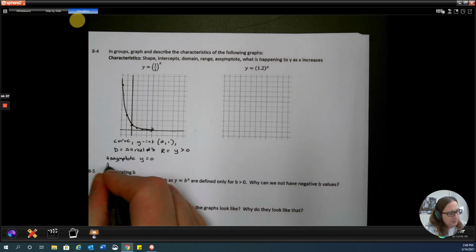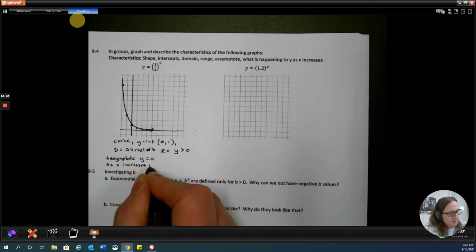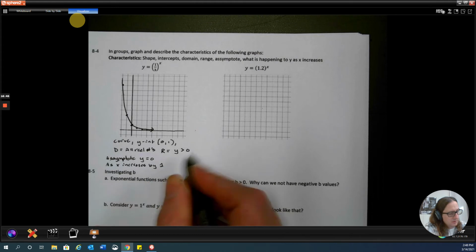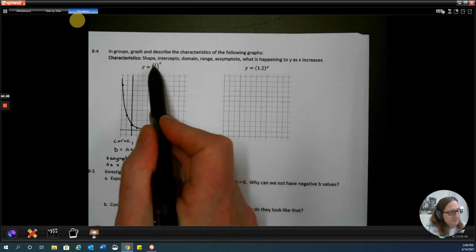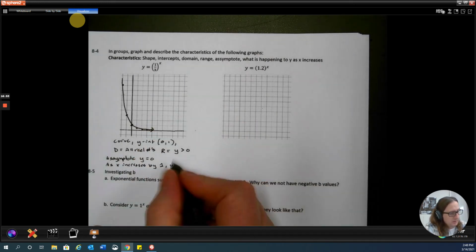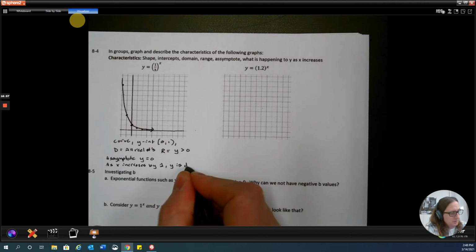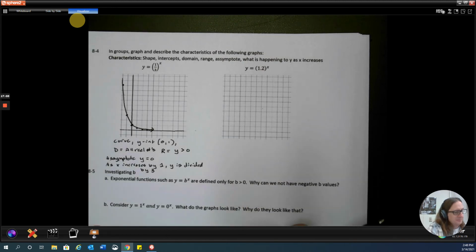So as x increases by 1, y is being divided by 3, or multiplied by 1/3. All right, so looking at the other one.